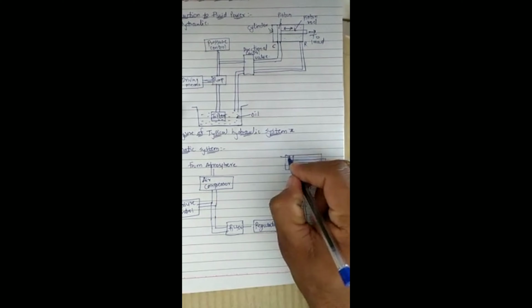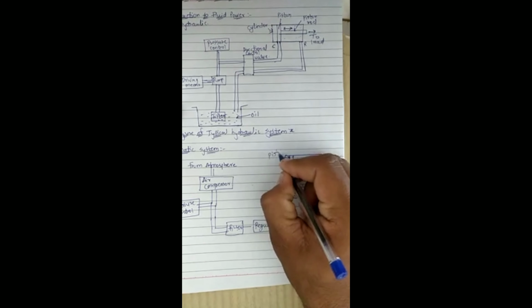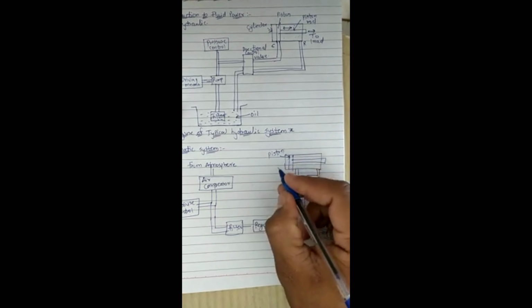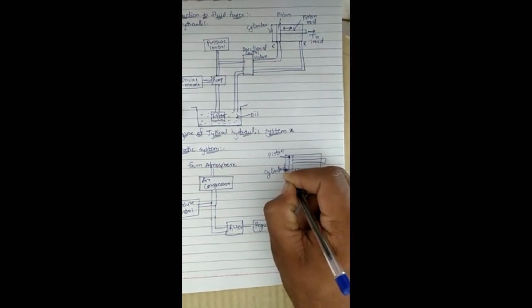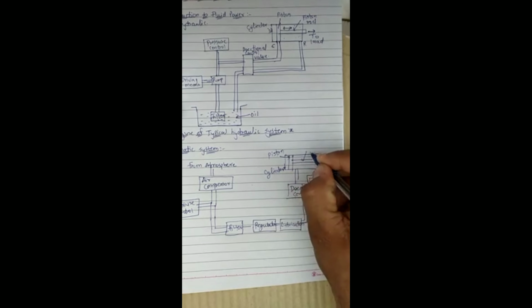Here is a piston, cylinder, and this is a piston rod.